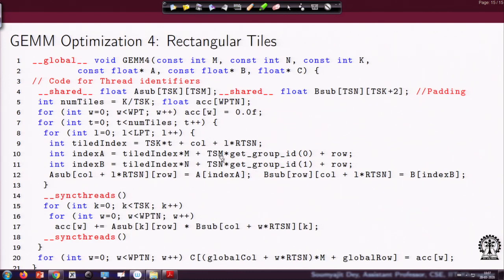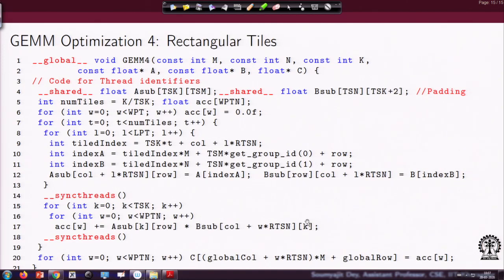Fine. Once that is done, we have the advantage that my loads are optimized, and by flipping these parameters here, I have also kept the advantage of having consecutive data in shared memory in a proper way. Then, as you can see, you have a normal sync thread, and then a computation of the data just like previous things.